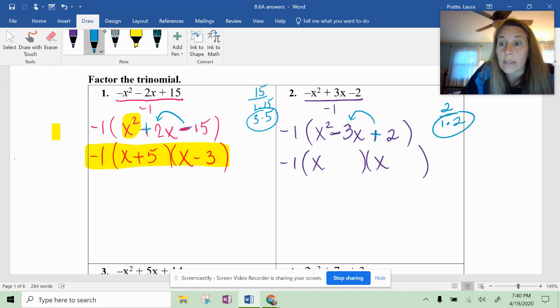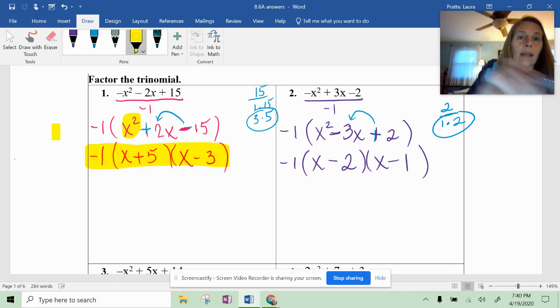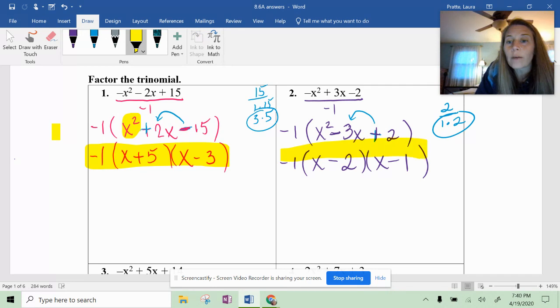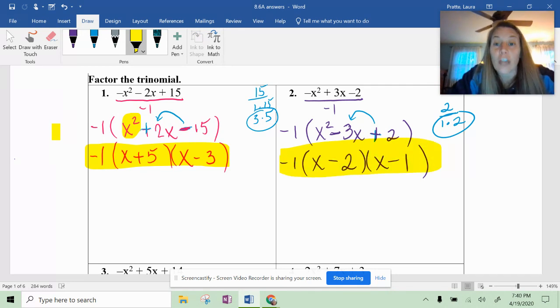Well, there's only one set of factors of 2, 1 and 2. They add up to get 3. So we're going to use those numbers. Now, the thing is, if they're adding, that means they're the same sign, and it's a -3. So they're both going to be negative. Okay, and as a reminder, you can always FOIL your answer or distribute your answer back together, multiply it back together to check to see if you get to the original problem.